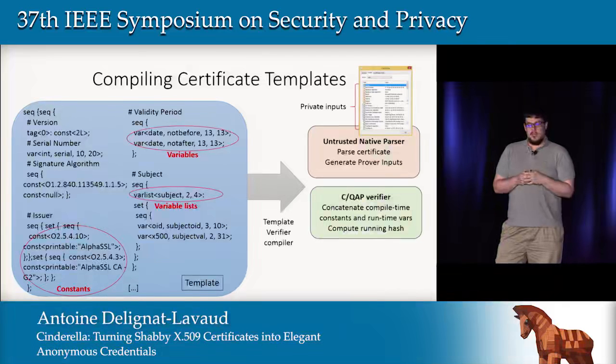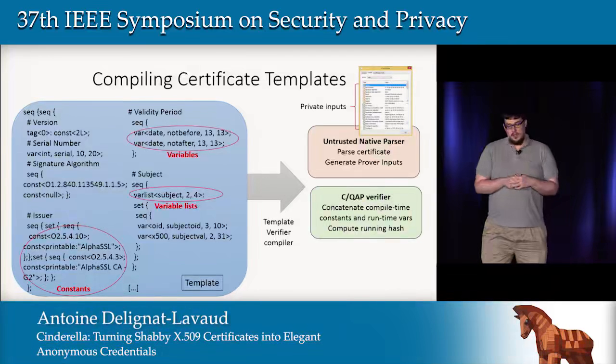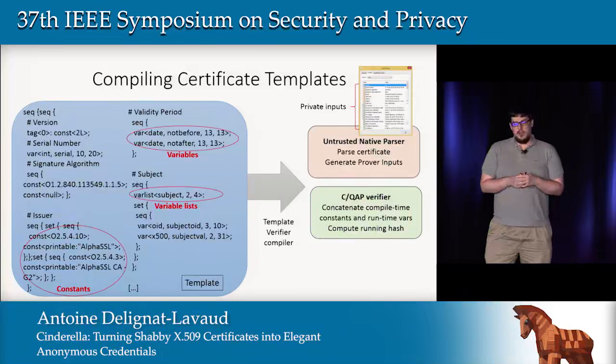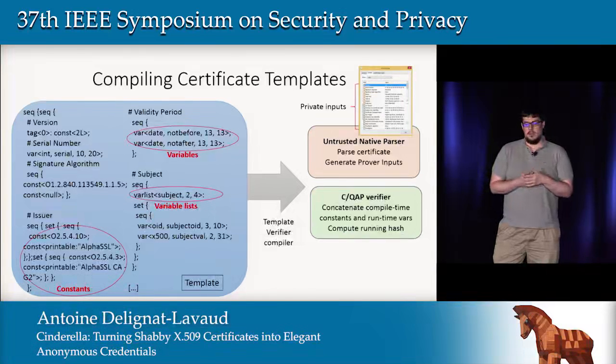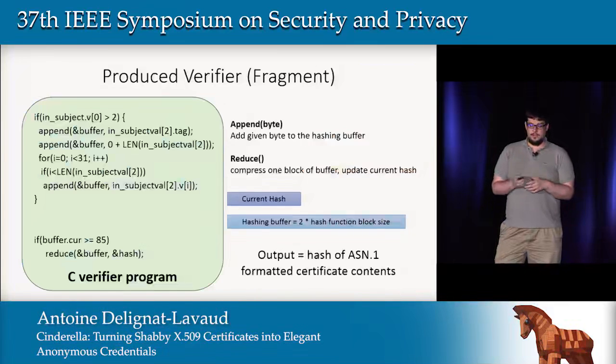From these templates, we actually generate two outputs using an ad hoc compiler. One is an untrusted native parser, and this is the one that is going to compute the private inputs that are used to help with evaluation. And we also generate the C verifier, which is the one that we send through the Pinocchio or Geppetto compiler to compile into the actual evaluation and verification keys.